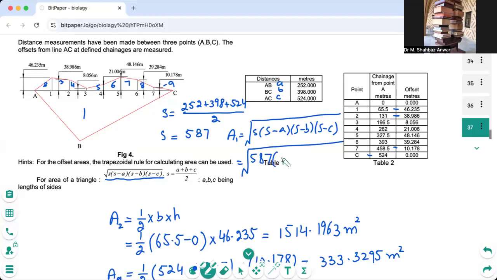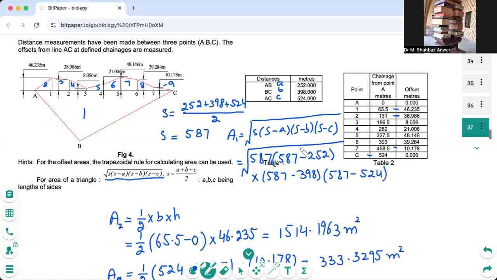times 587 minus 252, which is the value of A, then times 587 take away 398, then times 587, which is the value of S, take away 524.